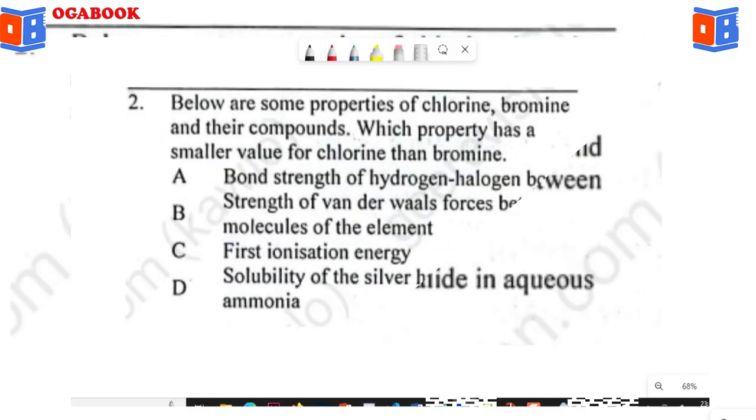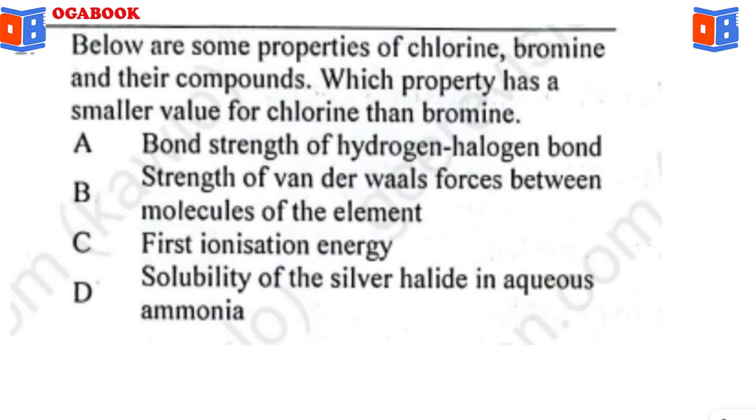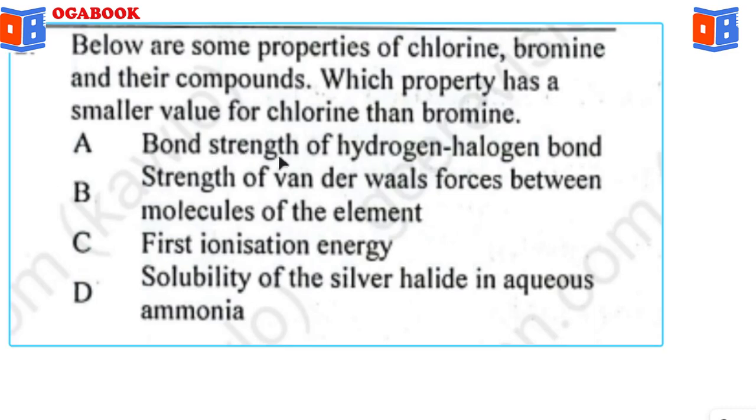Question number 2. Below are some properties of chlorine, bromine, and their compounds. Which property has a smaller value for chlorine than bromine? So our point of interest is to get an option where the value is smaller for chlorine than for bromine. Option A says bond strength of hydrogen-halogen bond.